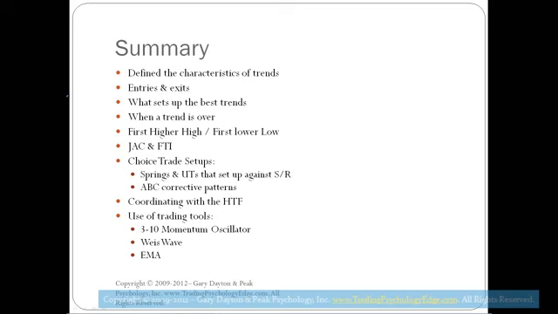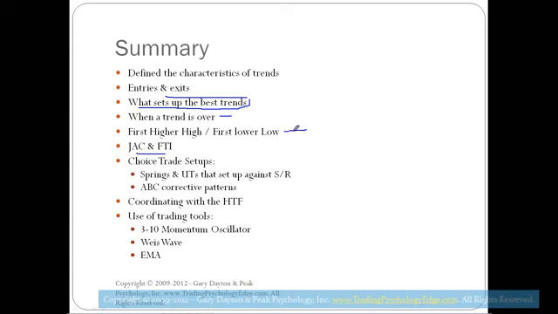We talked about several ways to enter and exit. It almost doesn't matter where we get in, just as long as we get in when we see this, because momentum is going to be on our side. We talked about what sets up those best trades, the jump across the creek and the fall through the ice, because it gives the market the opportunity to go sideways for a while for accumulation or distribution. We talked about climactic action, shortening of the thrust, overbought and oversold when the trend is over.